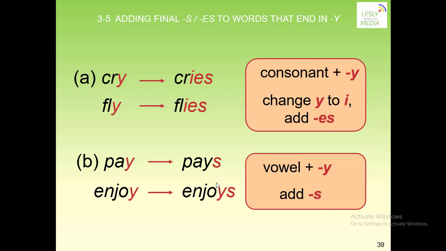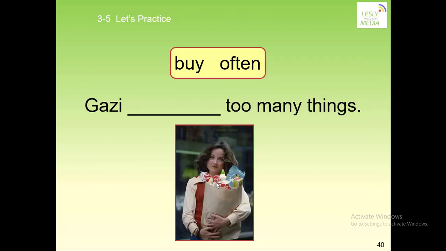Okay, let us continue. Let us practice. Gazy, buy often, too much, many things. Too many things. Can you arrange? Can you answer this question?